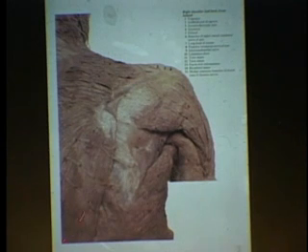Here we have the portion coming from the thoracic vertebrae, coming up to insert. What big muscle is this coming in to insert on the humerus? Latissimus dorsi. What muscle is this? Deltoid. Easy because of its shape. Next one.